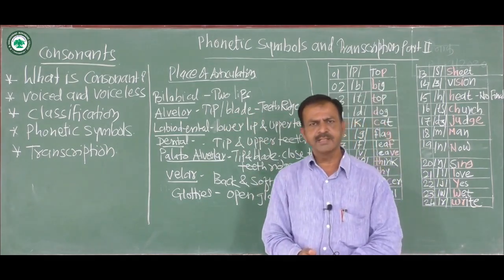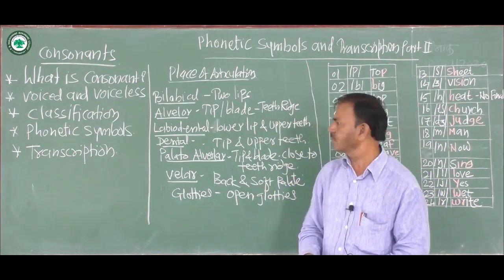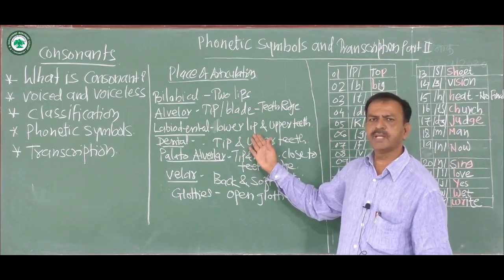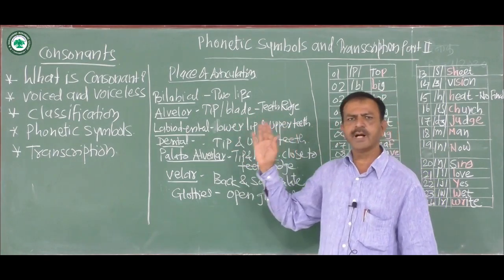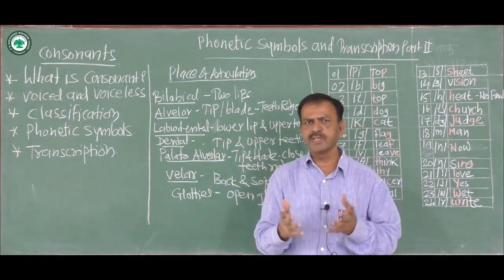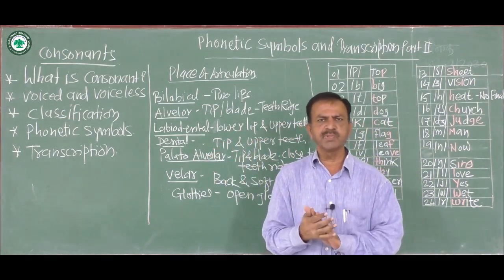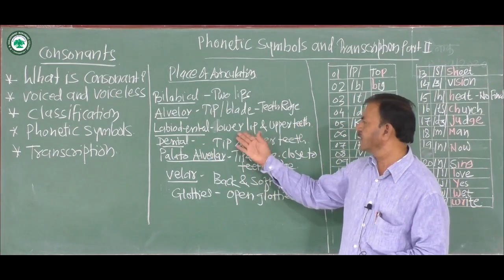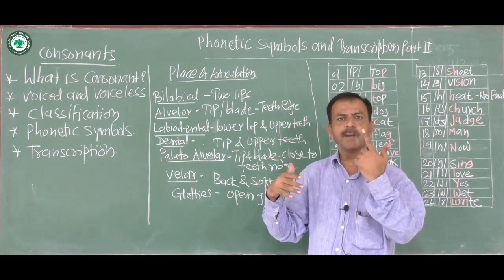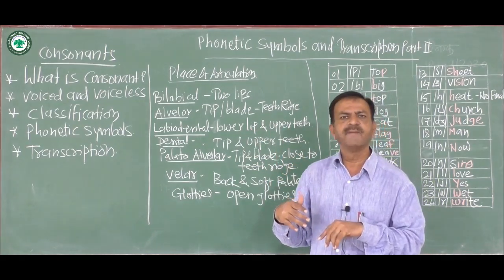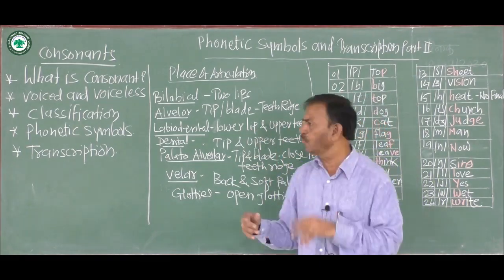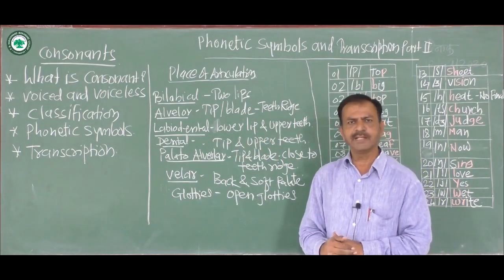The next is labiodental sounds, the lower lip against the upper teeth. This sound is produced with the help of these two articulators, the lower lip and upper teeth. For example, f. The sound is known as labiodental.